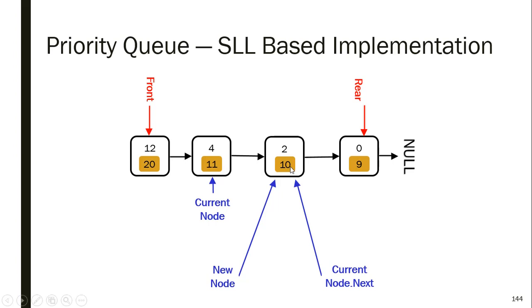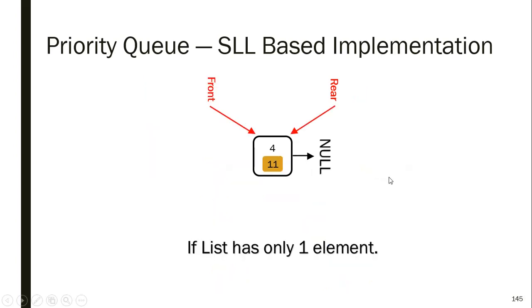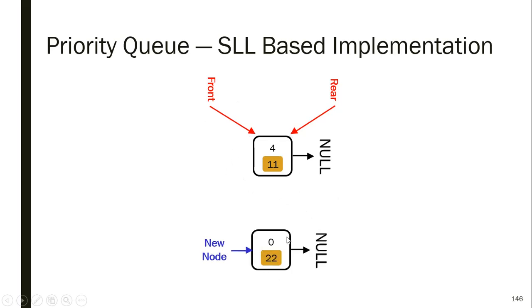So 20, 11, 10 and 9. So it's just very easy. For example, if the list has just only one element, how will you do it? If it has just one element and you need to insert a new element, either this will be on the left hand side or right hand side. So if front is equal to rear, you can have a special condition here.